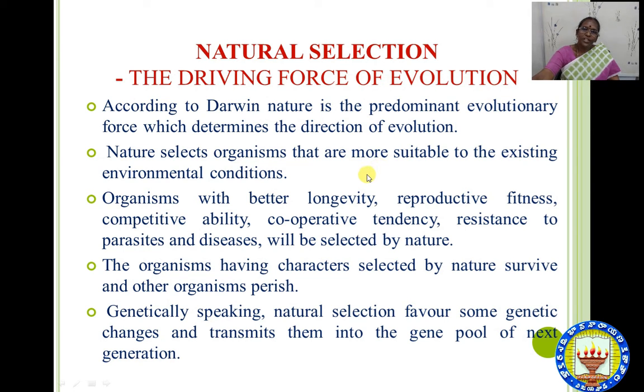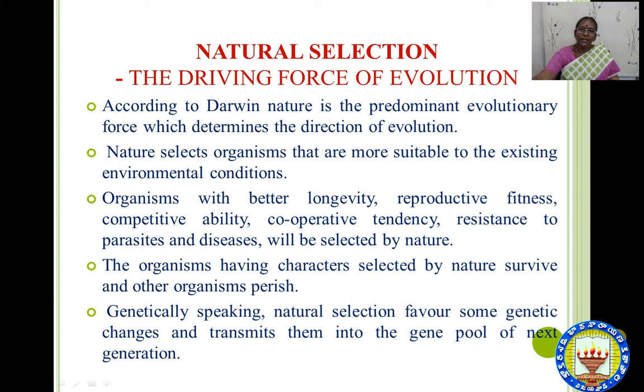This natural selection selects the organisms with better longevity, reproductive fitness, competitive ability, cooperative tendency and resistance to parasites and diseases. The organisms having characters selected by nature survive and the other organisms will perish.